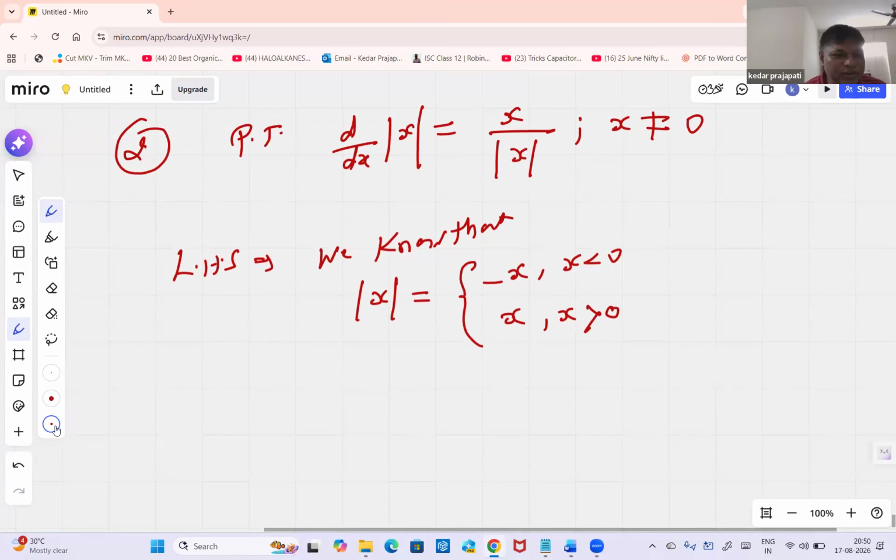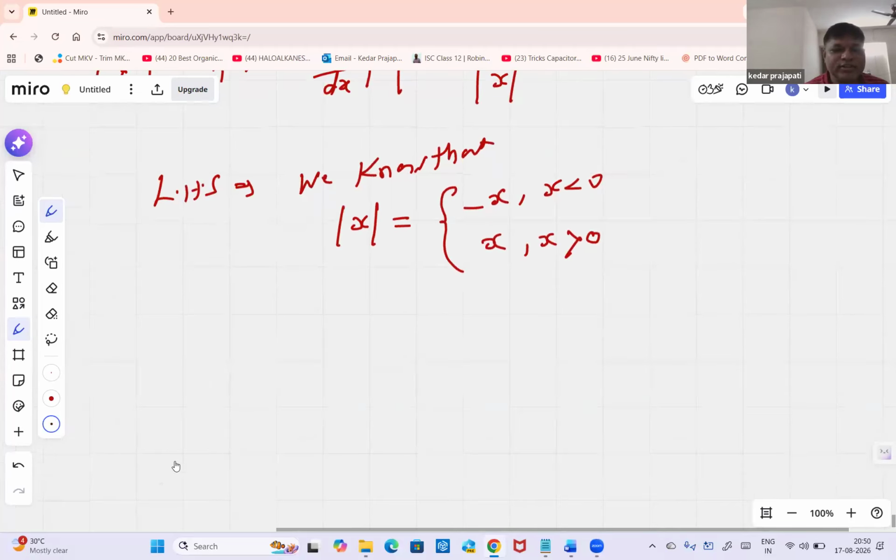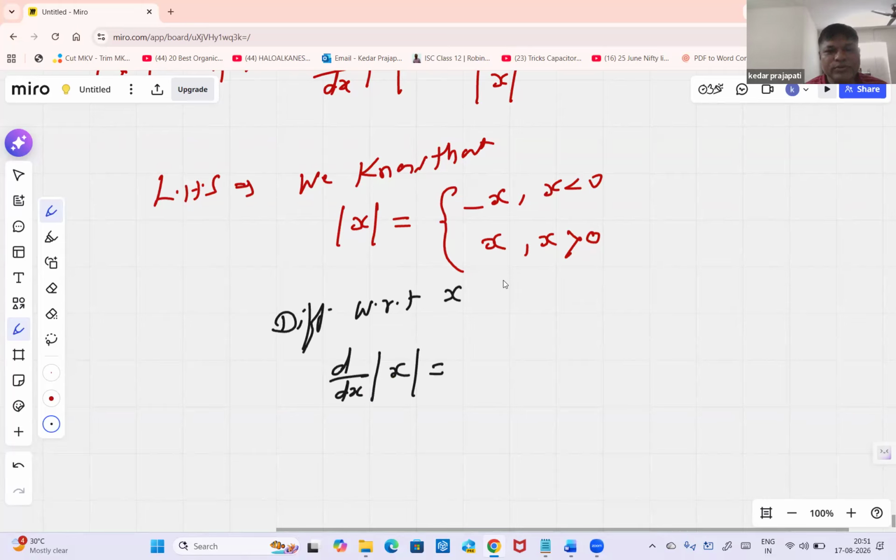So now here we need to write these two statements. We know that, right? Now we have to write, differentiating with respect to x. What will happen? d by dx of mod x is equal to d by dx of x.